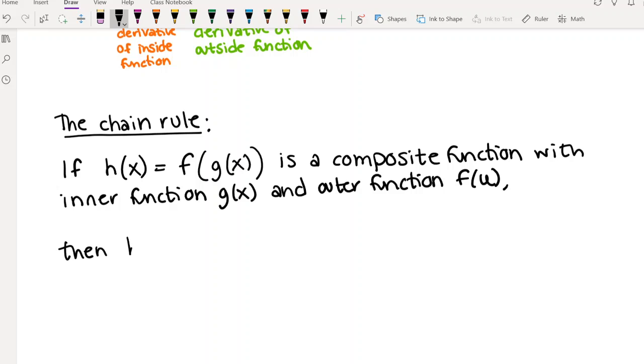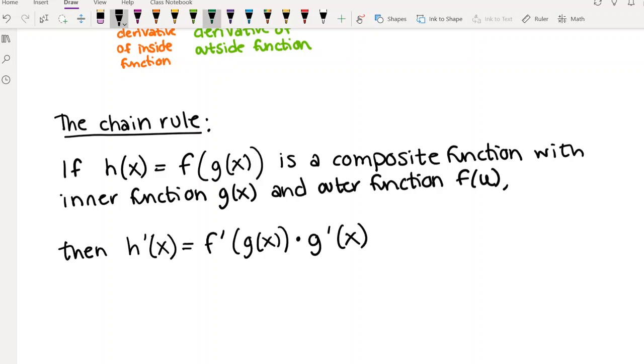Well, h prime of x is going to be equal to f prime of g of x, and I know this probably looks kind of confusing, but we'll make sense of it in a second, times g prime of x.